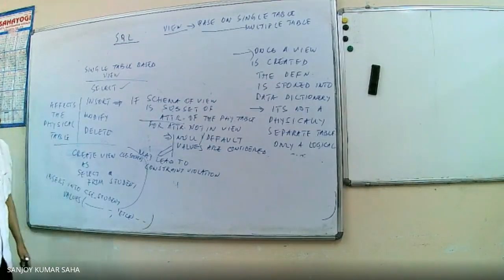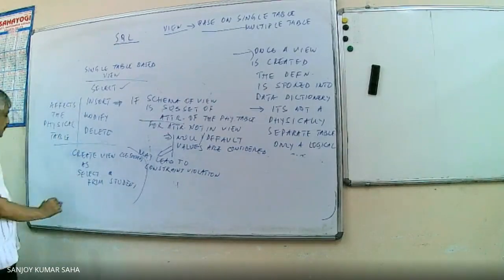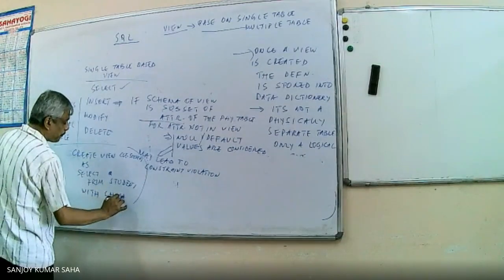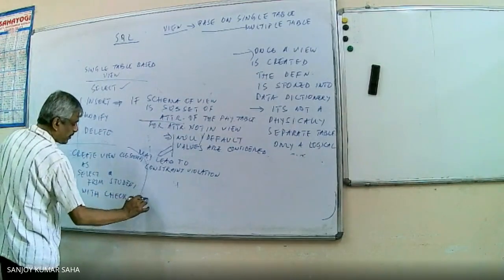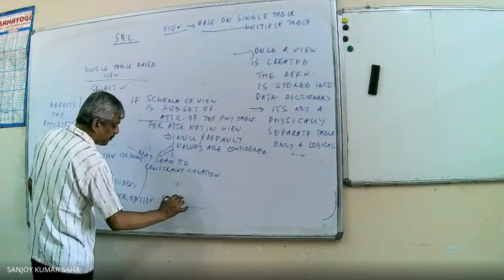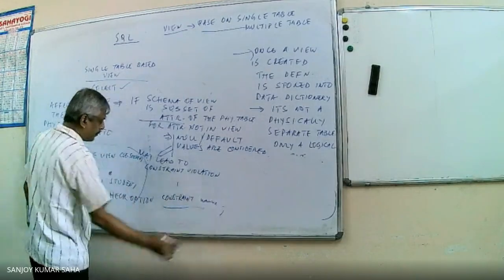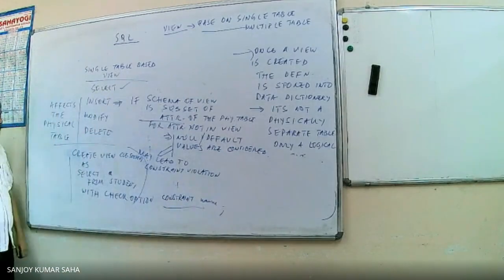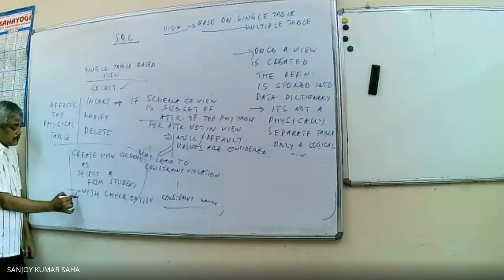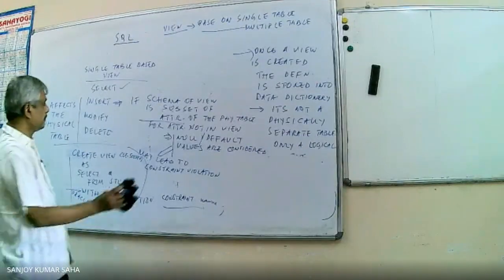Now Oracle provides a special clause, with check option. This part is optional. This is a constraint, so if I want to give a constraint name, I can give some name also. Now what will happen? This is specific to Oracle.